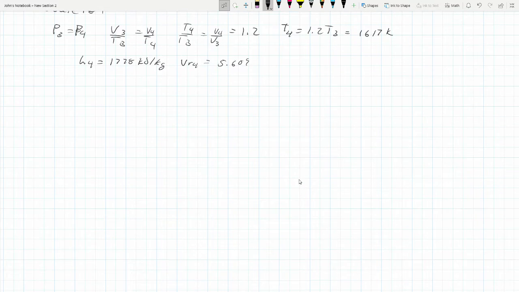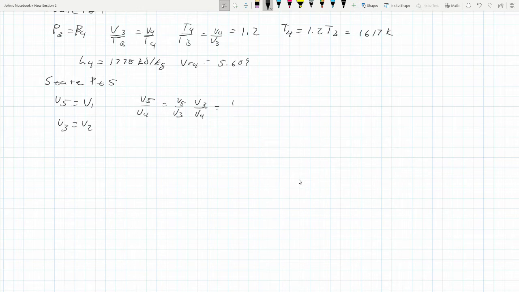State point 5. So V5 equals V1. Remember, it's isochoric. So V5 over V4 is equal to V5 over V3 times V3 over V4, and V3 is equal to V2.